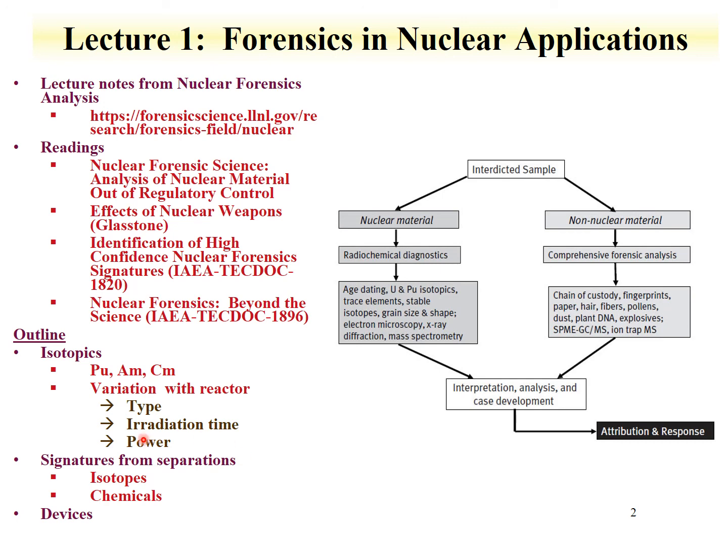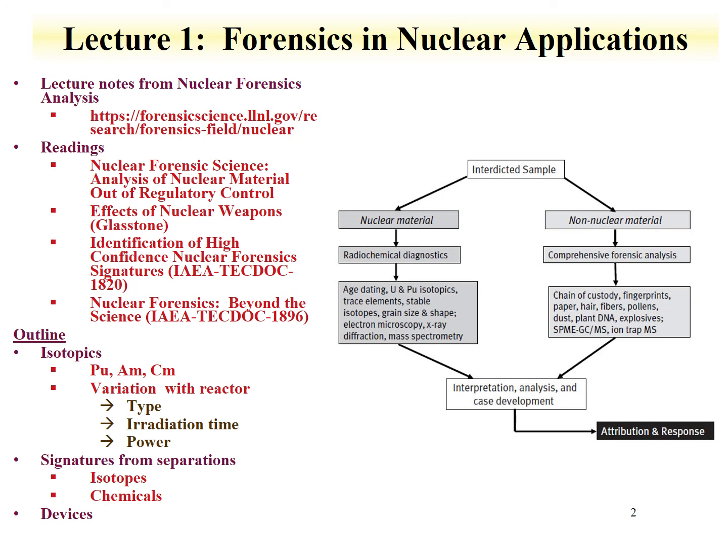This will include isotopics, particularly fission products. The retention of fission products, the relative amount of fission products, can be an indication of the separation method used. We learned about the Purex process from previous lectures. Information on other separation routes can be inferred by the level of the fission products.